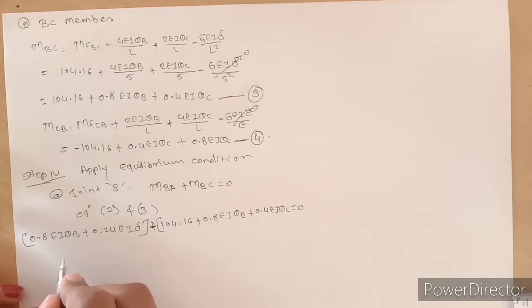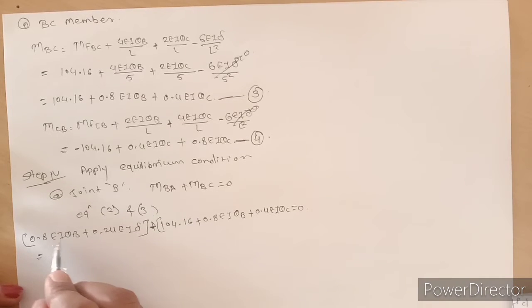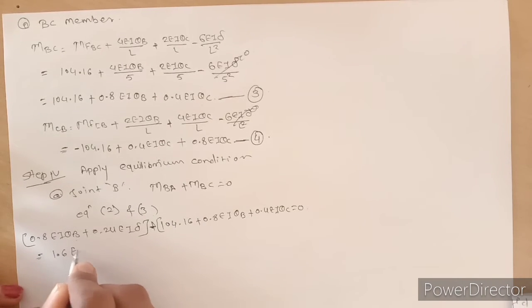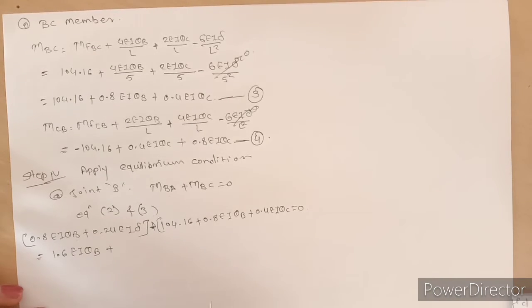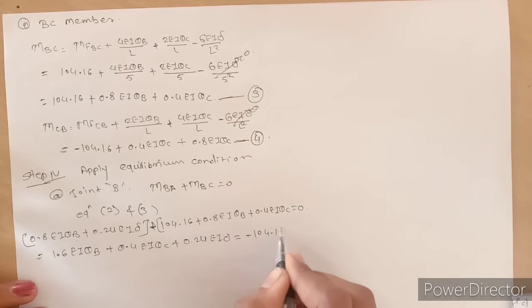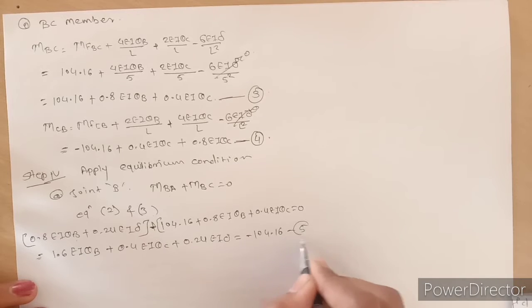And solving this equation, 0.8 EI theta B plus 0.8 EI theta B is nothing but 1.6 EI theta B. Then plus the theta C term 0.4 EI theta C plus the delta term 0.24 EI delta is equal to minus 104.16. This is our equation number 5.